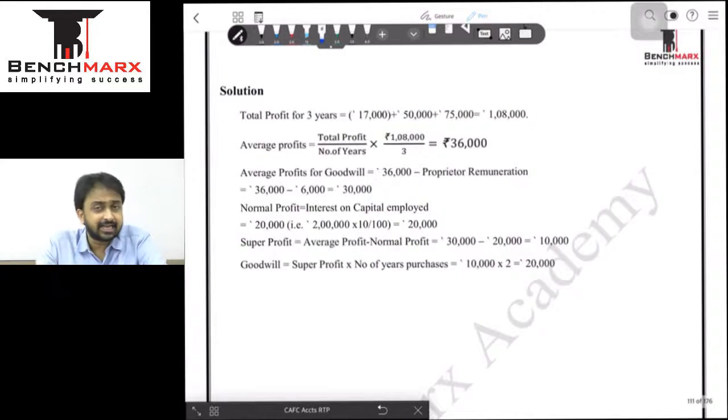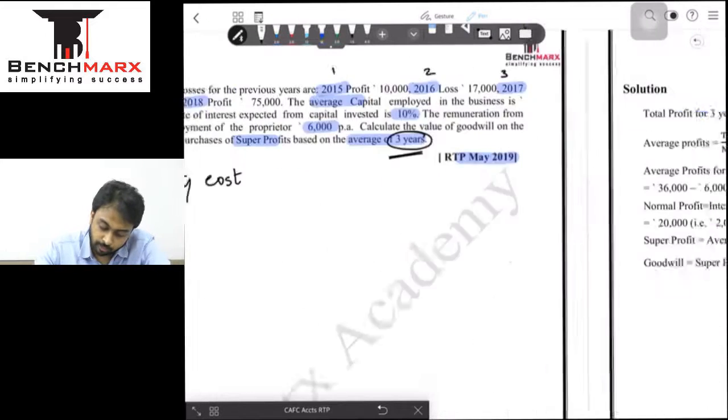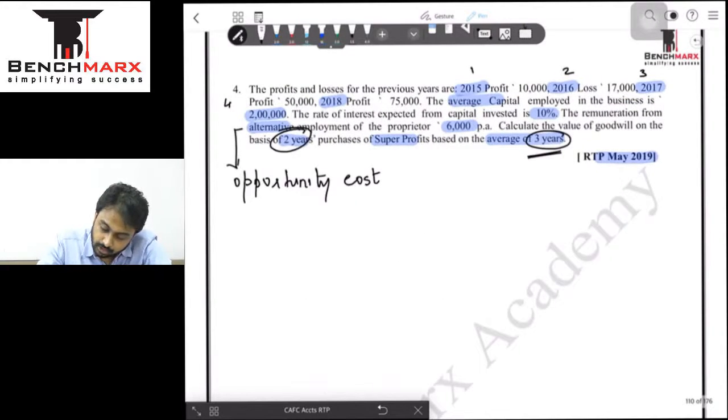As I said, since I need a 3 years average, I will take the average of 17 ka loss, 50 ka profit and 75 ka profit. This is coming from year 16 is a loss, 17 is a gain of 50 and 18 is a gain of 75.